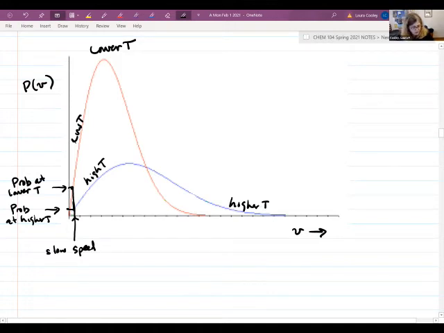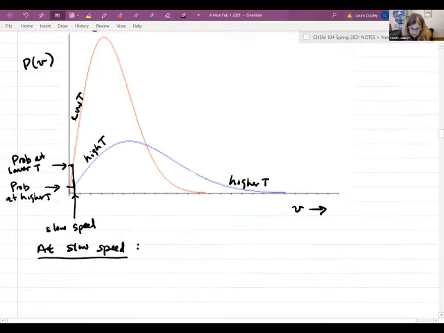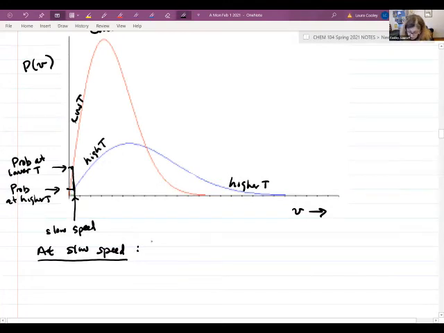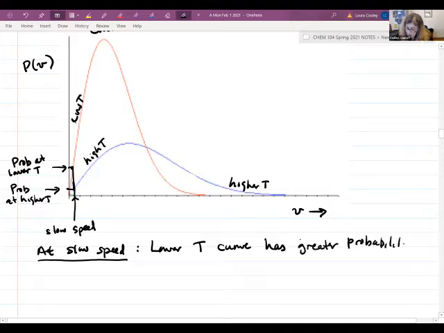Okay, so at a slow speed, let me just write what we see there. We see that the lower temperature curve, that's the red curve, has the greater probability.